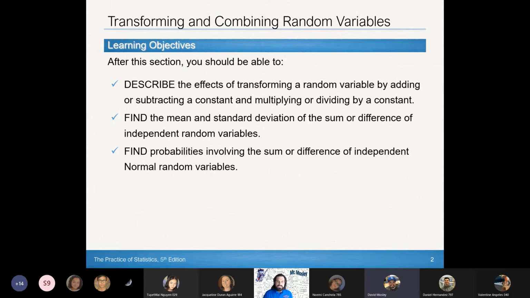We're going to find the mean and standard deviation of the sum or difference of independent random variables. And we're going to find probabilities involving the sum or difference of independent normal random variables. Super exciting.